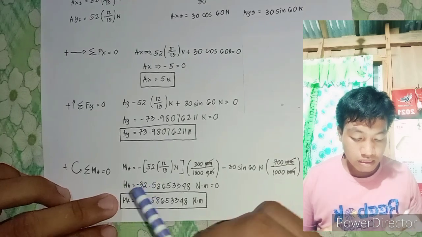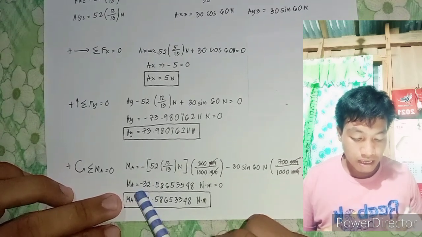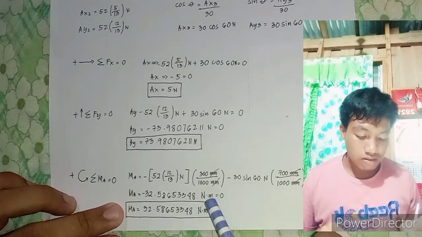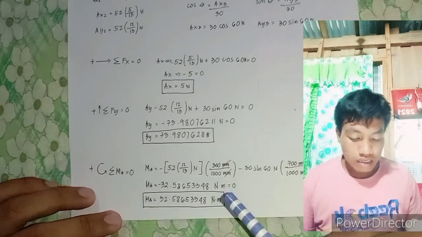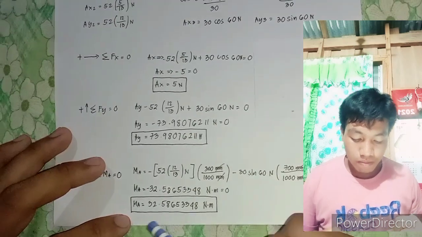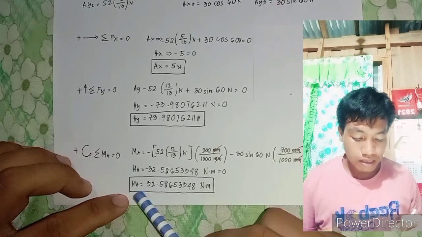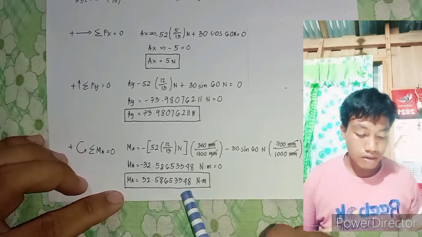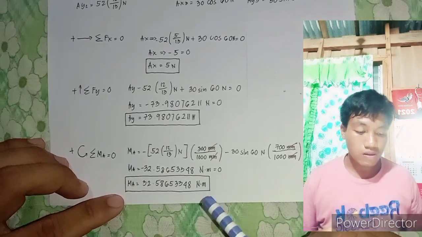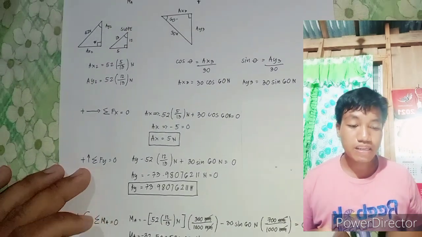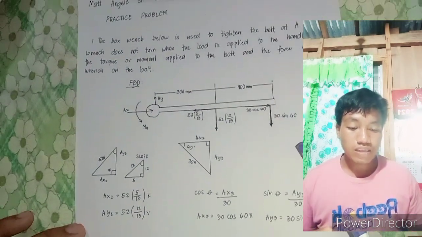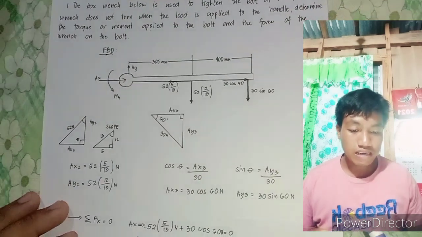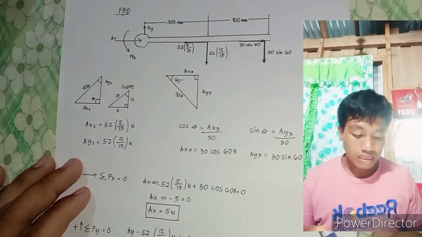MA is equal to negative 32.58653348 Newton per meter is equal to 0. Moving to the other side, moment is equal to 32.58653348 Newton per meter.